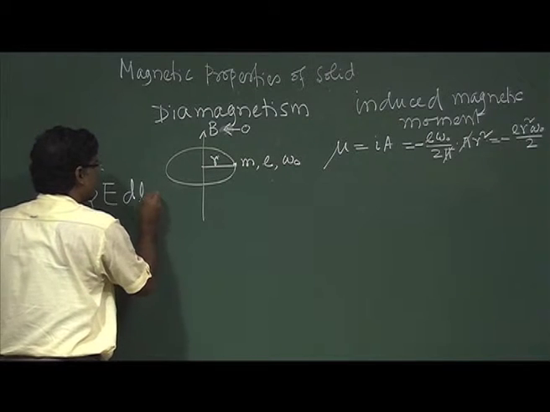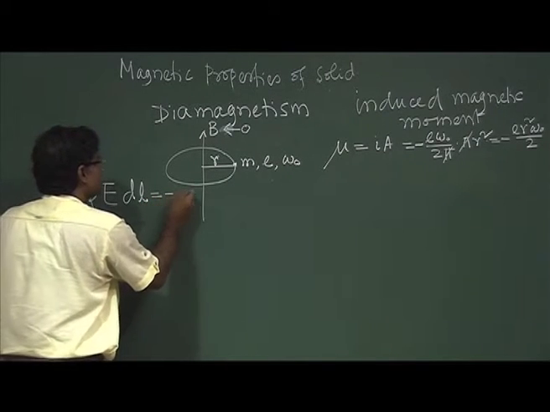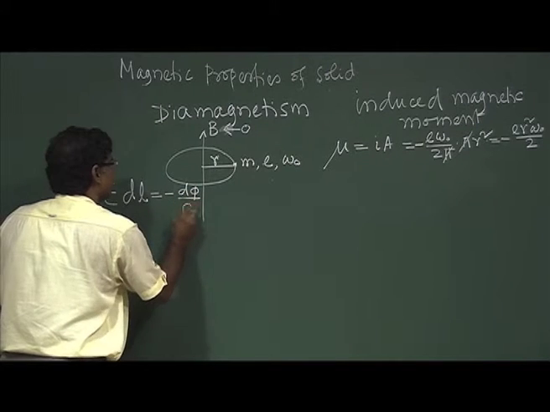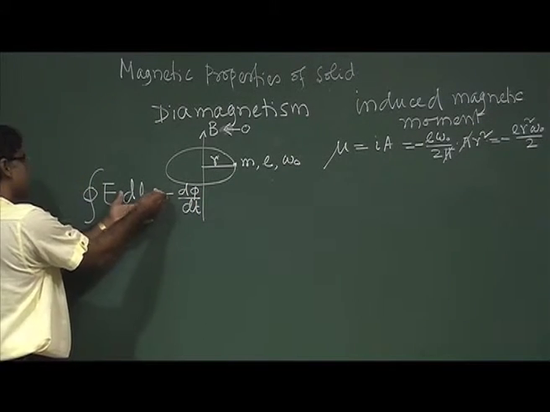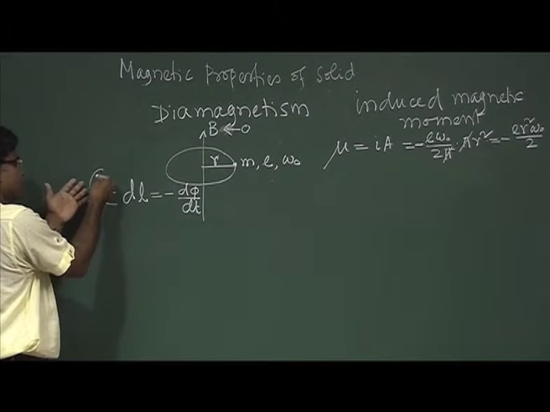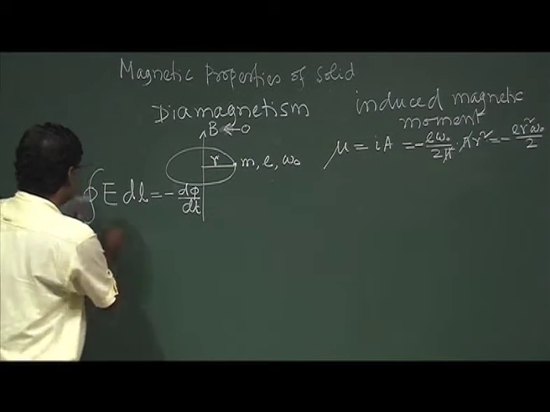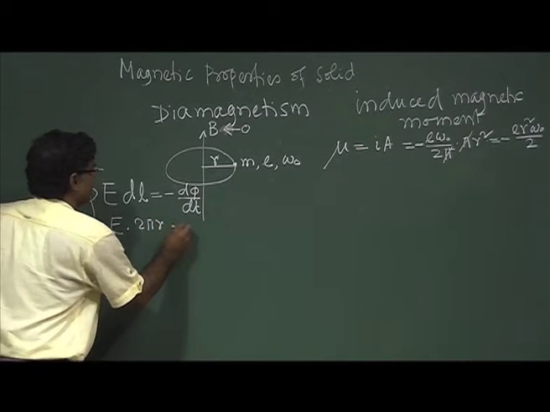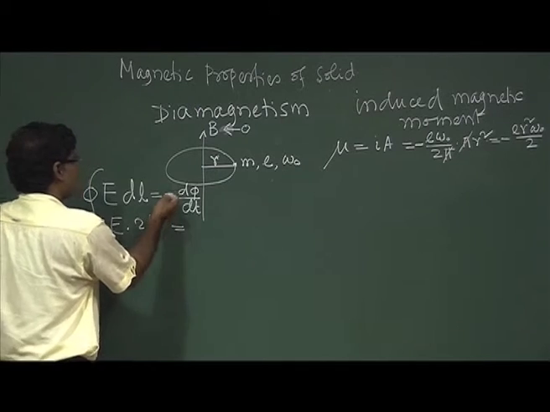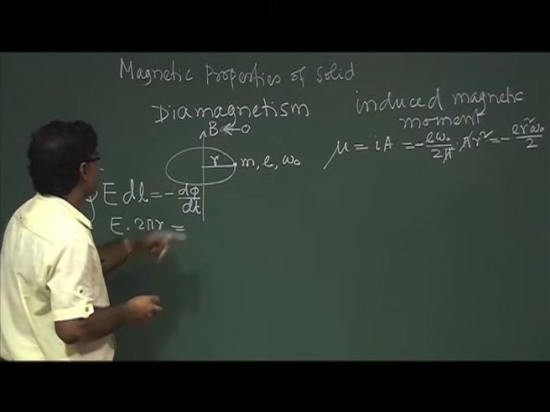That will be equal to minus d phi by dt, the rate of change of flux, which is the induced EMF. So, this is basically E 2 pi r equal to minus d phi by dt.